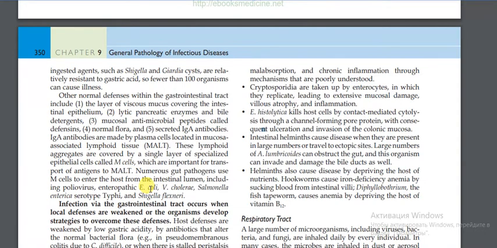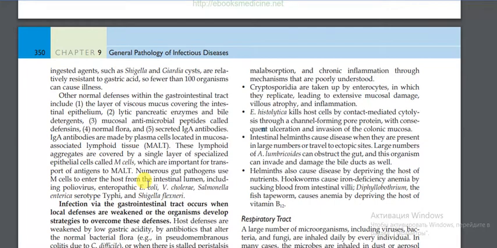By this, our body encounters the bacteria, and then these lymphocytes work as antigen-presenting cells, and they present these antigens to the mucosa-associated lymphoid tissue, and then our body can renew its ability to kill bacteria.